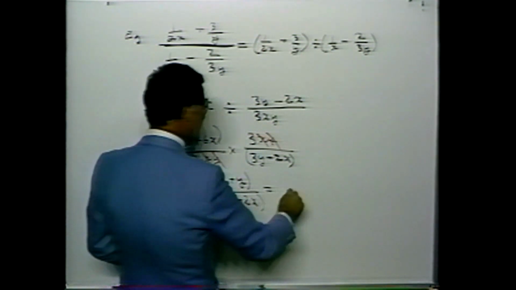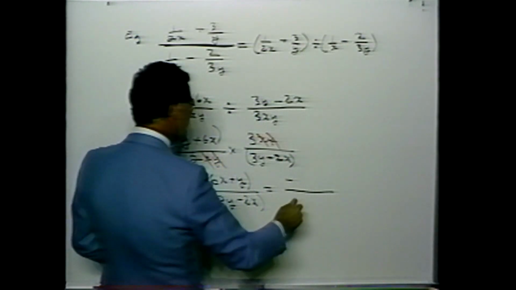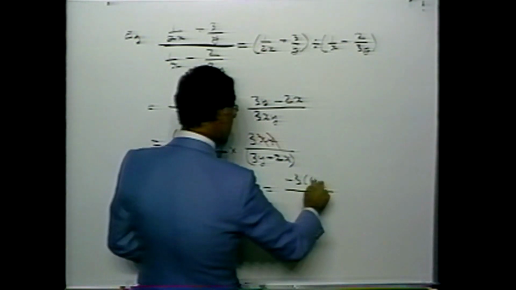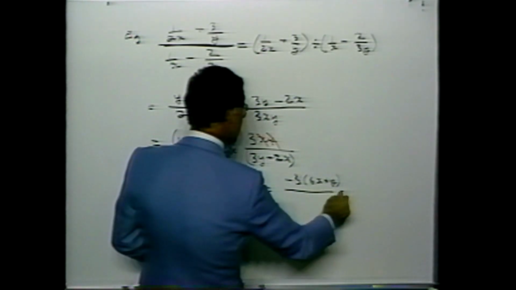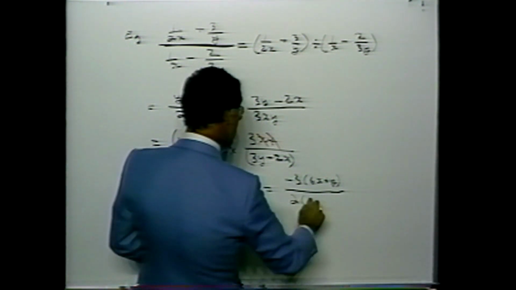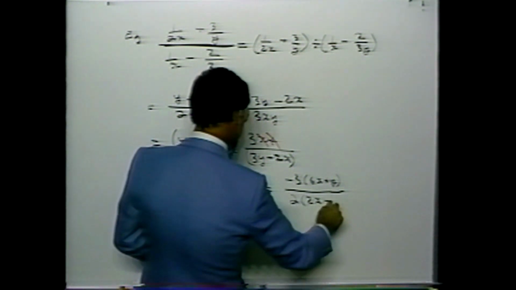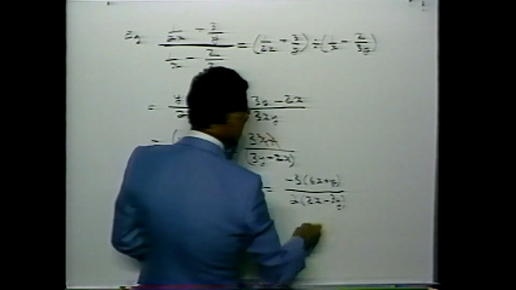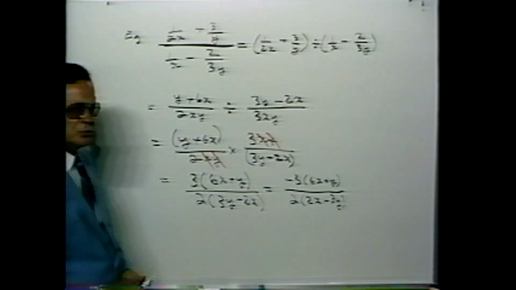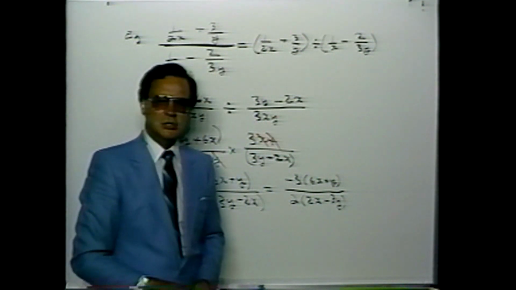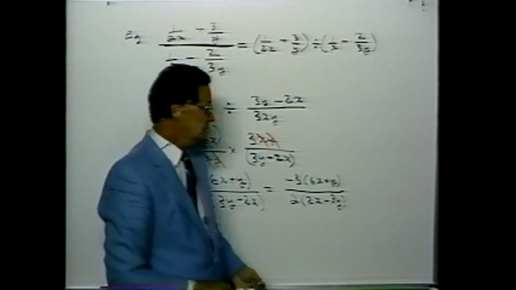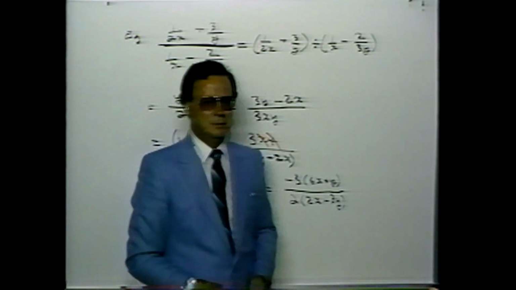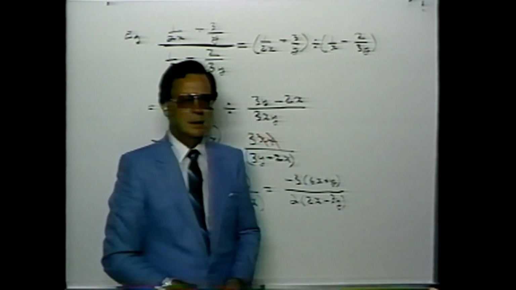And so the final answer can be expressed as negative (6x plus y) over 2 times (2x minus 3y). There doesn't seem to be much improvement in any one of those extra fractions I wrote, so any one of them would have been satisfactory.